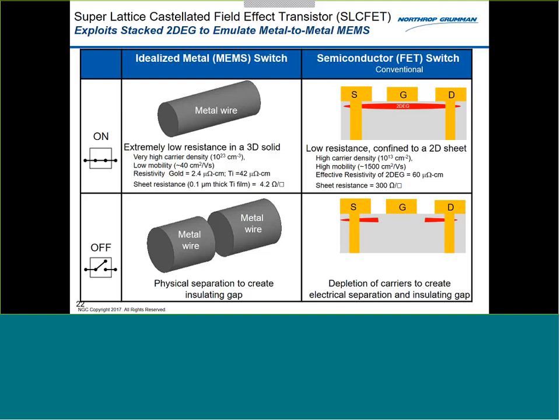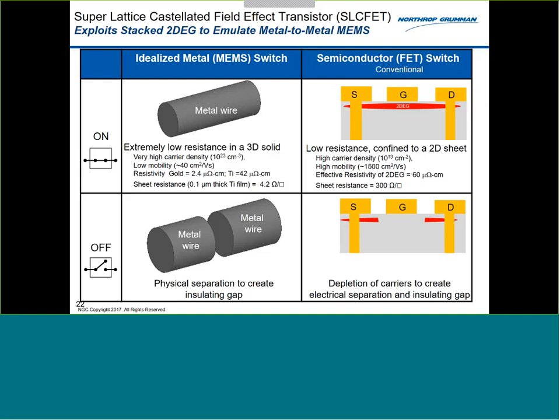Sorry to be so pedantic about it, but essentially, it comes down to the great carrier density. If I look at FET devices, whether it's a CMOS device or a HEMT, they operate on creating a two-dimensional sheet charge of electrons.